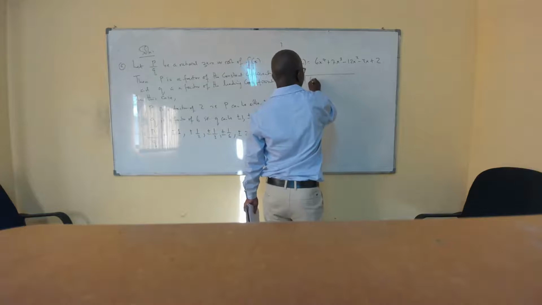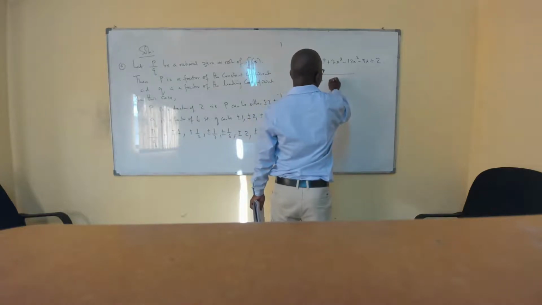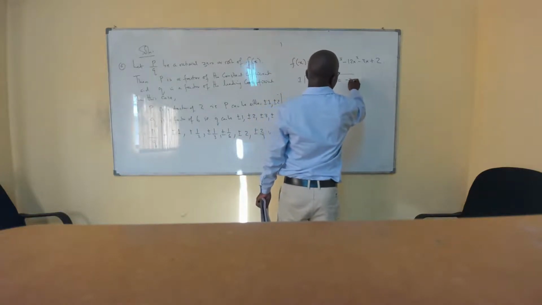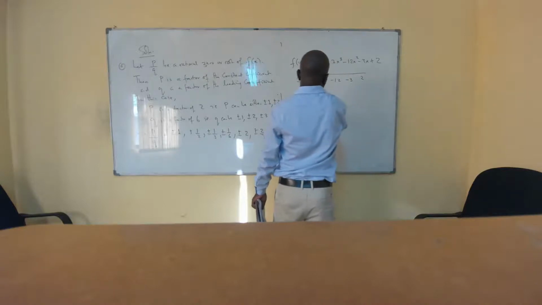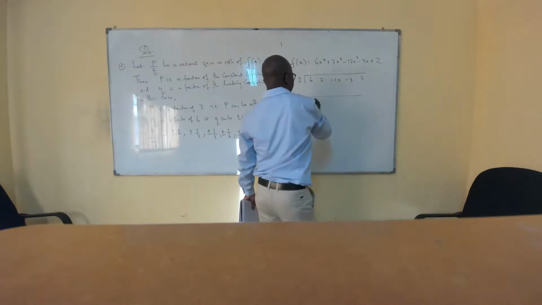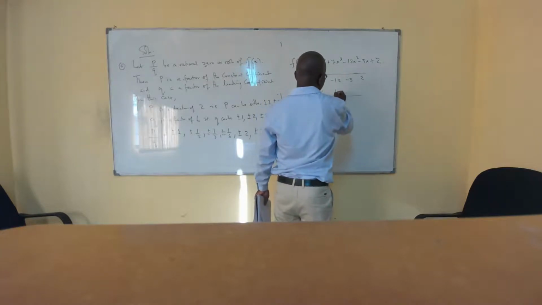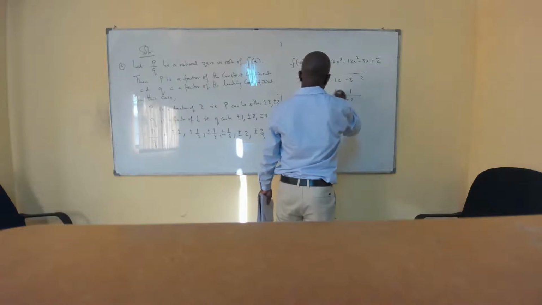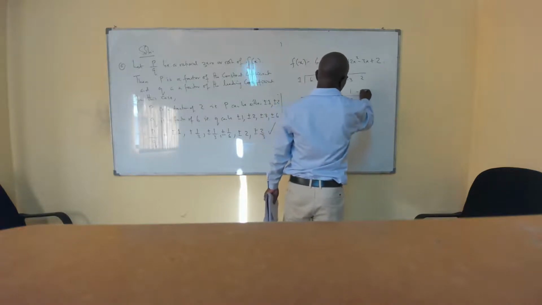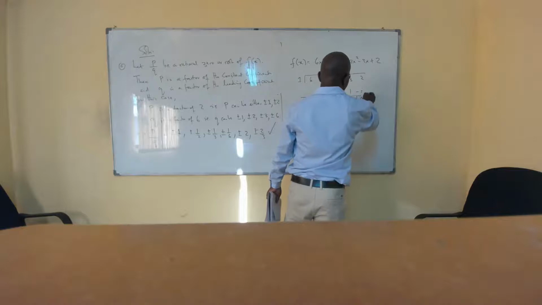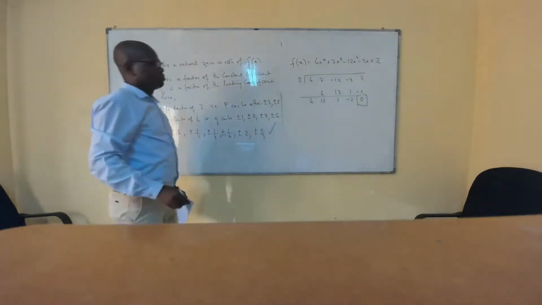Okay, I have 6, 7, minus 12, minus 3, and 2. So bring down your 6. So we have 6, 13. I'll put 13 here. 1 minus 2. Okay, minus 2. So the last number is your remainder.